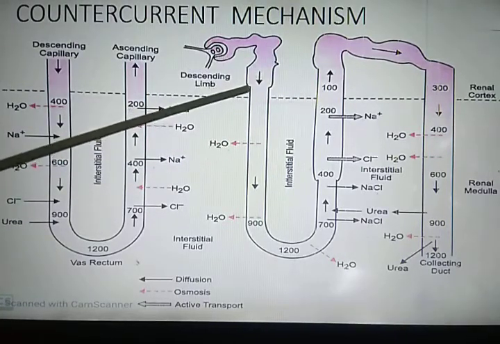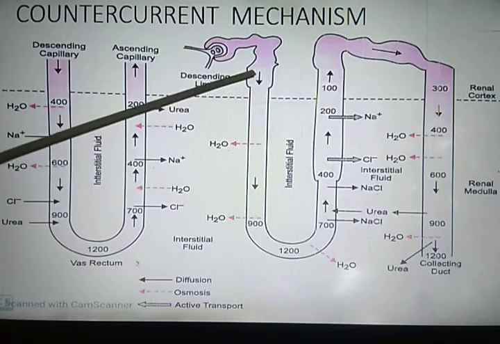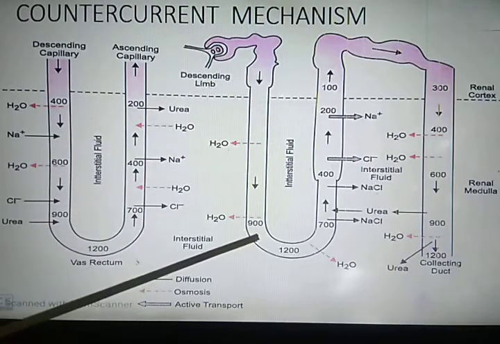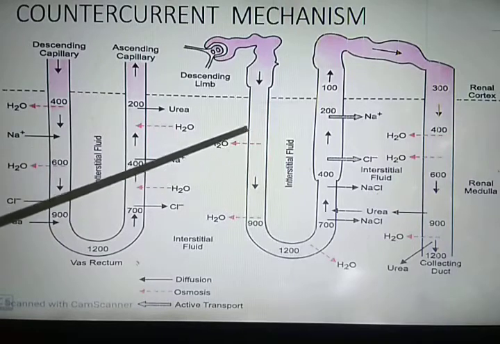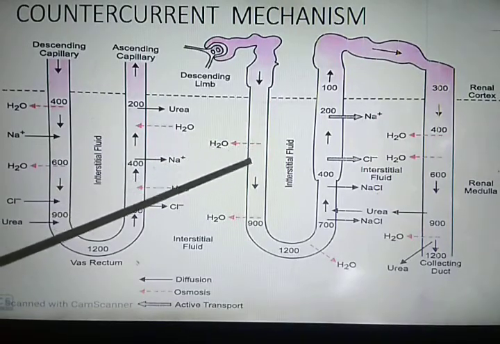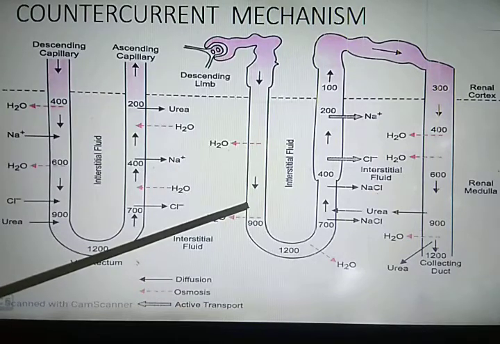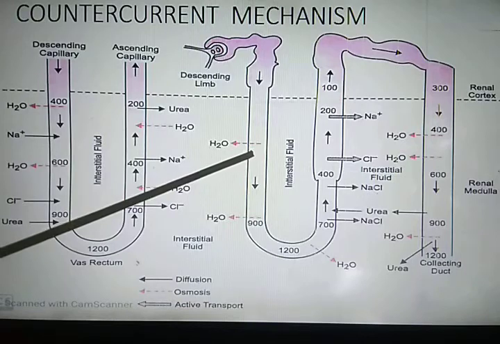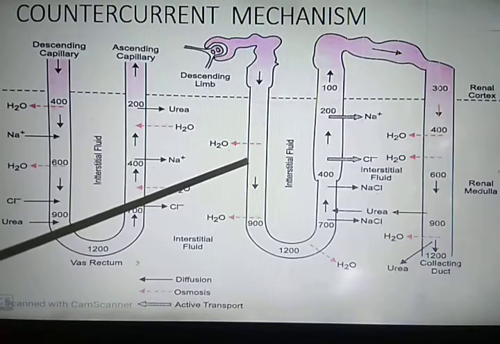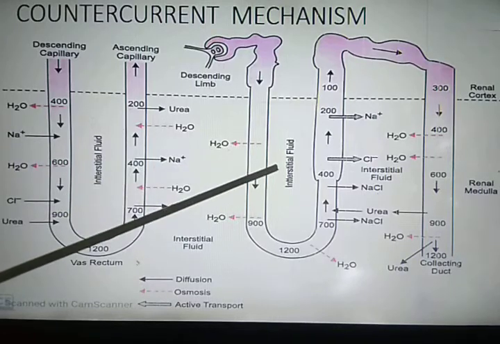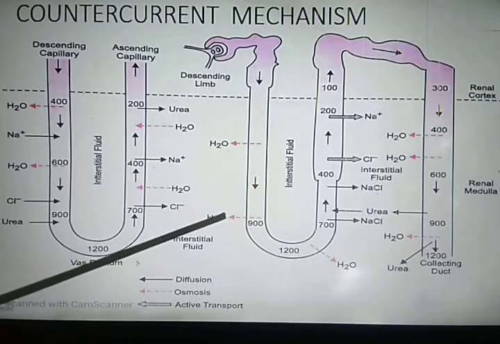The flow of filtrate in the descending limb is from the cortex region towards the medulla region, and as we know, the membrane of the tubular cells of the descending limb is permeable to water and impermeable to electrolytes, due to which water moves outside into the interstitial fluid.